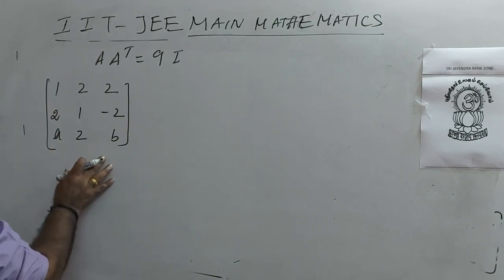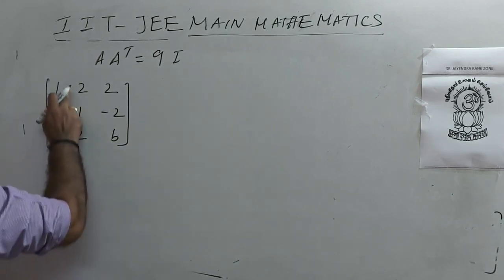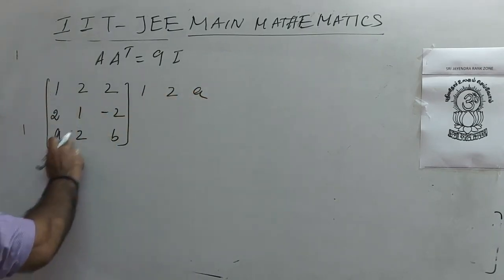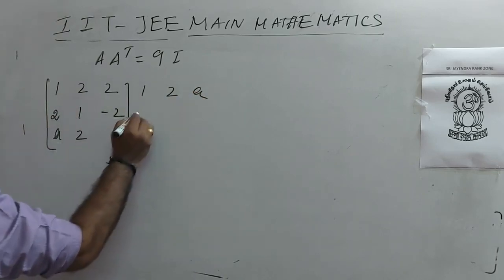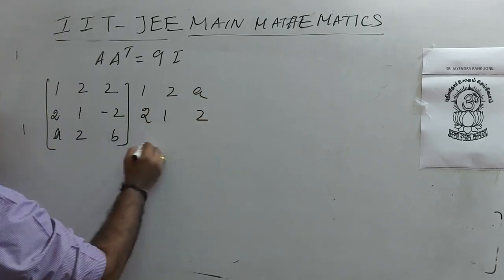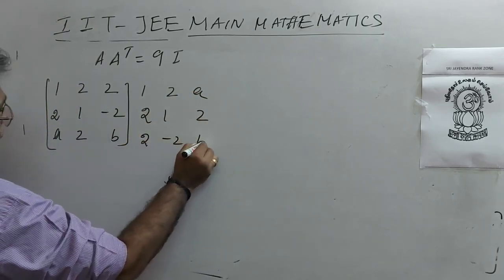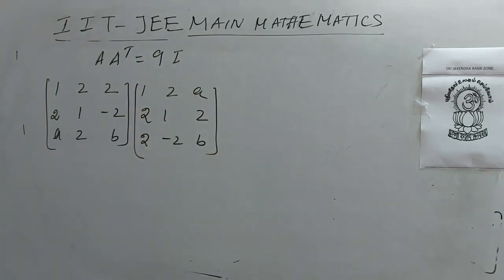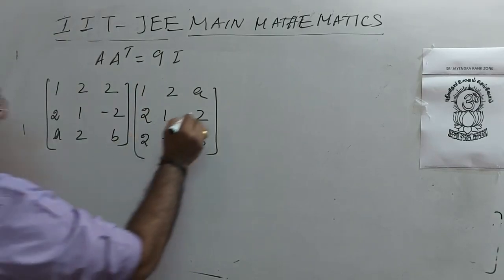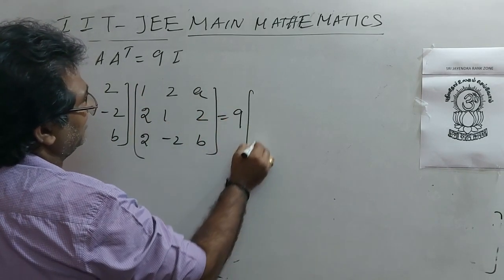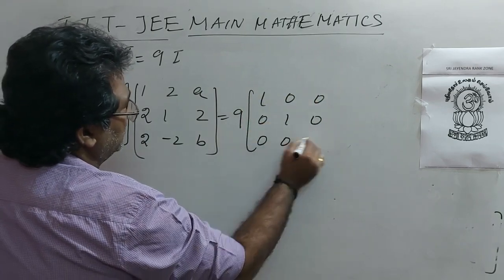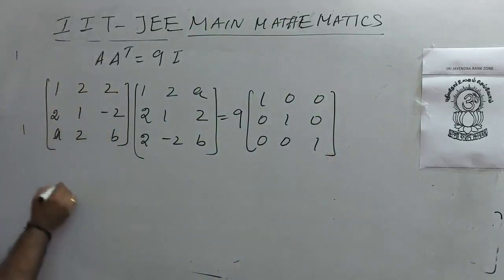Then you take the transpose of this: 1, 2, A, the first column will be in the first row; 2, 1, 2; 2, minus 2, B. We have taken the transpose of the first matrix. So 9, I is the identity matrix of order 3: 1, 0, 0, 0, 1, 0, 0, 0, 1.